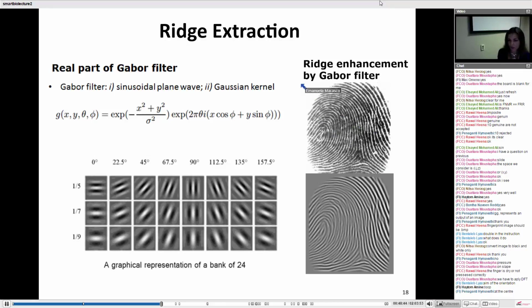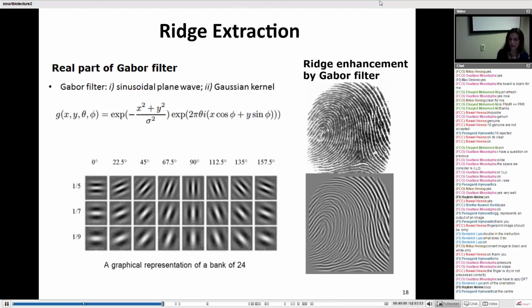So mainly a bank of 24 filters, with this bank of filters we enhance the ridge pattern, the ridge in the image, and then obtain the filtered image where we have a better visualization of the ridges, and then this means ridge extraction.